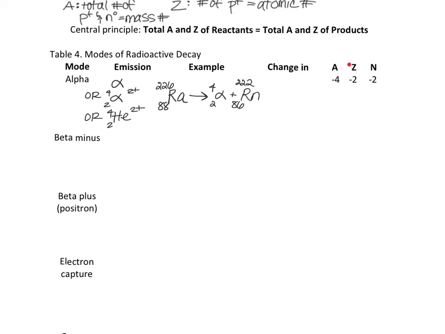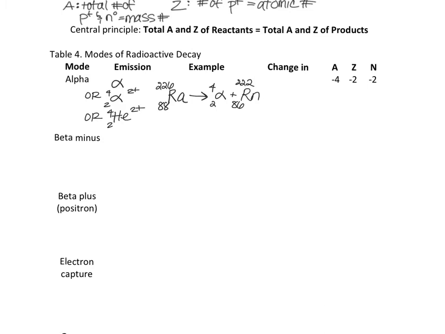Z, my atomic number, has decreased by 2. I started with 88, now I'm down to 86. And specifically the number of neutrons has also decreased by 2, because these two together have to equal the overall number of nucleons that have been changed.